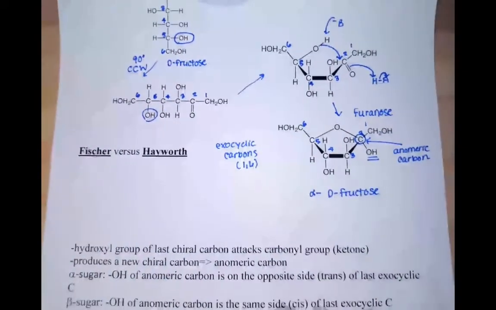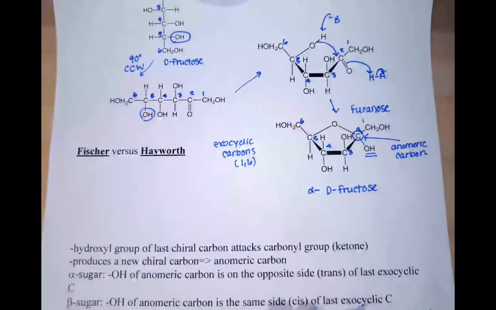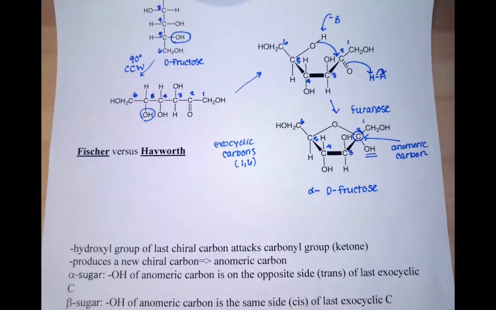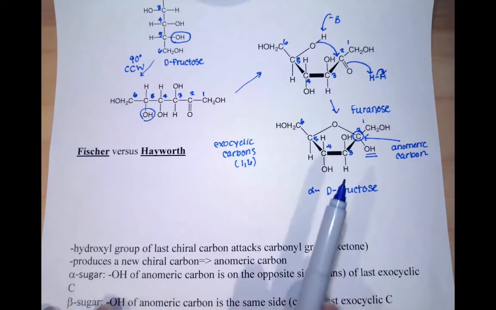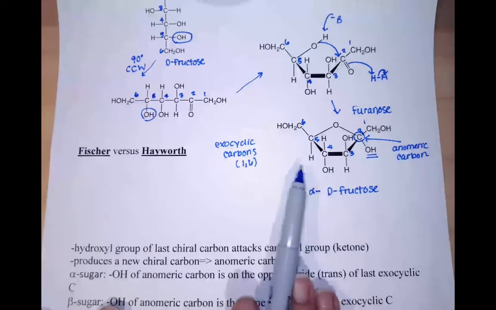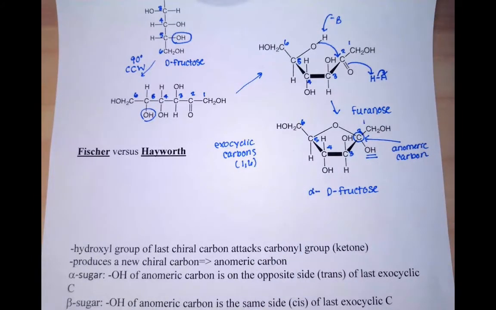Okay, I'm going to go over a shortcut to figure out whether your hydroxyl groups are going to be up or down in your Haworth projections based on the Fischer projection. Sometimes this can help students and sometimes this can confuse students. So if it confuses you, you might just want to not use this information, but if it helps you, it can be very helpful.